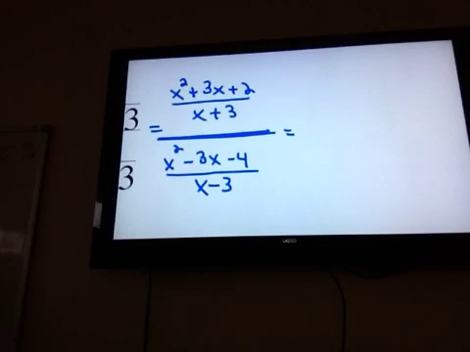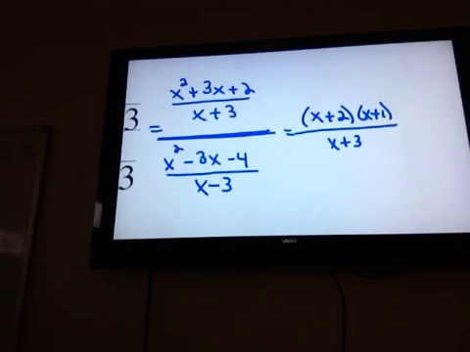So my numerator, which doesn't flip, I'm going to go ahead and factor it. I'm going to save myself writing another step. So this numerator is going to factor, so I'm going to go ahead and factor it. X plus 2, x plus 1. Over x plus 3.